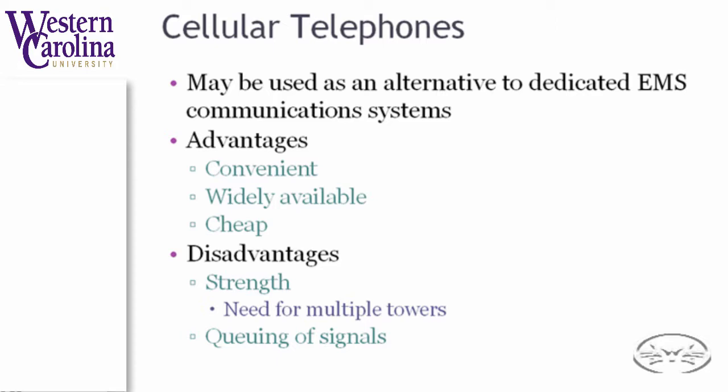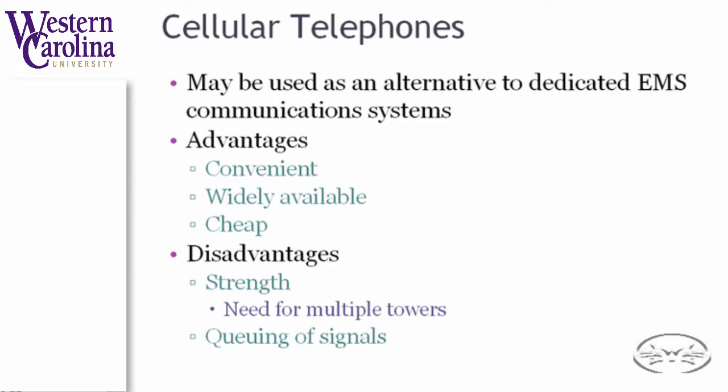The disadvantages: they need multiple towers. In the event of a disaster where towers go down, cellular telephones are virtually useless, so you could wipe out the entire communication system very quickly if you're only using cellular telephones. There's also a queuing issue where signals are queued.